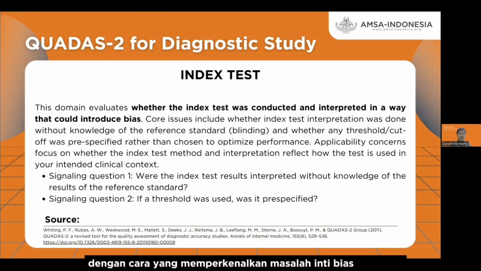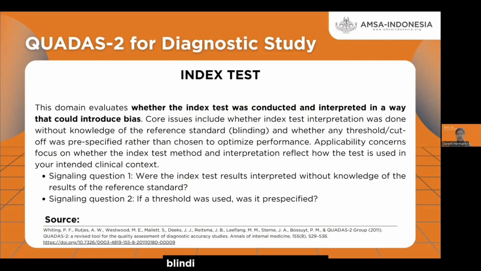Core issues included blinding, where the test is interpreted without knowledge of the reference standard, and whether any diagnostic threshold was pre-specified rather than chosen to optimize performance. For applicability, it assesses whether the test method and interpretation reflect how it will be used in a real-world clinical context.